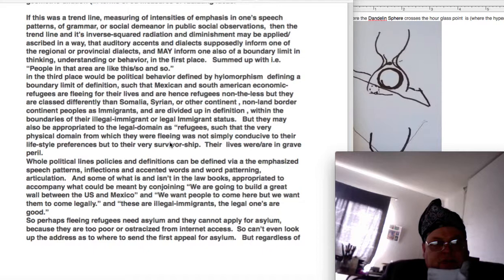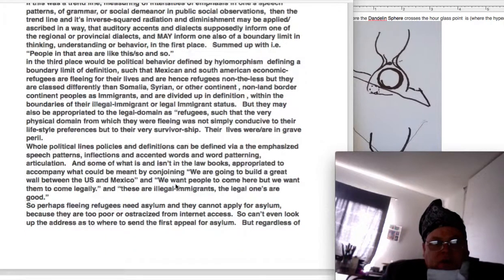But they may also be appropriated to the legal domain as refugees, such that the very physical domain from which they were fleeing was not simply conducive to their lifestyle preferences, but to their very survivorship. Their lives are in grave peril.